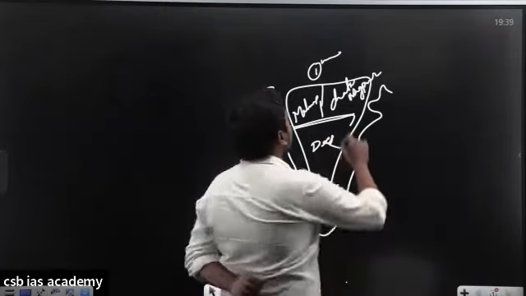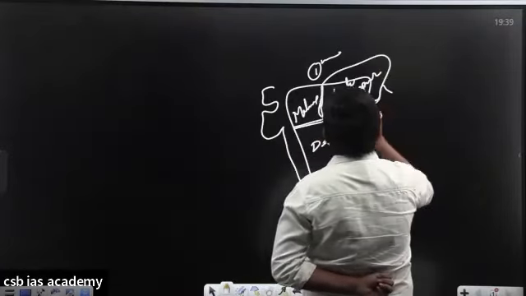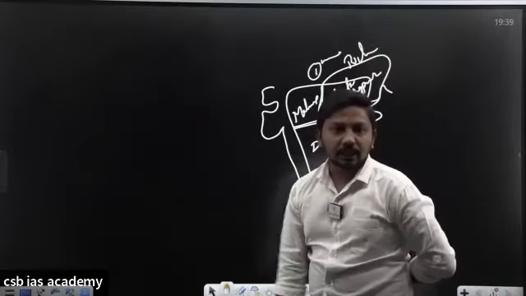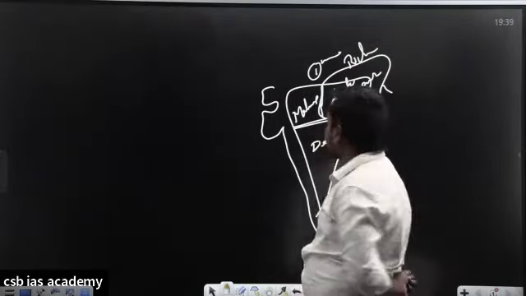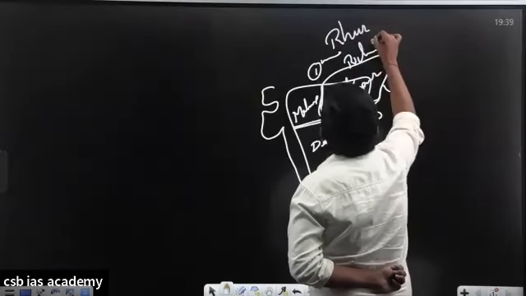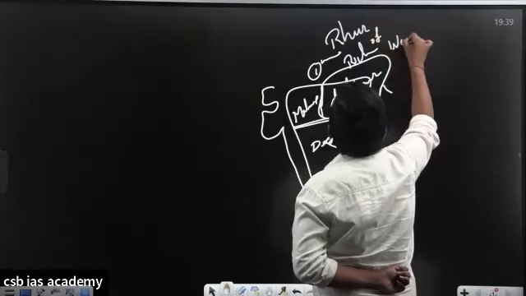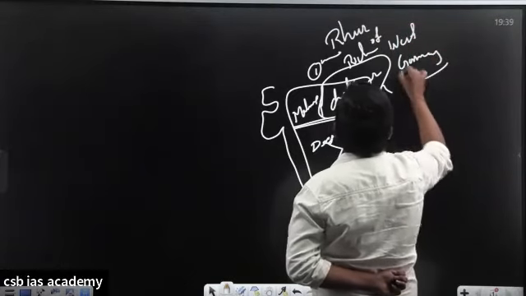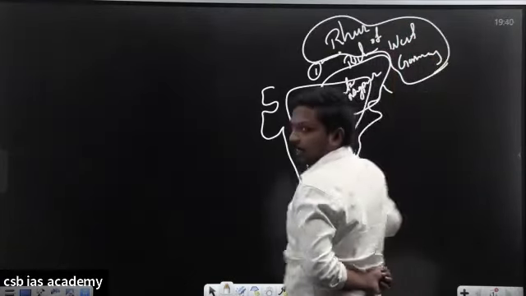You know one thing, the Chota Nagpur Plateau is rich in mineral resources. That is why it is often compared with the Ruhr of West Germany. What is the Ruhr of West Germany? Why do we have to compare it with the Ruhr region of West Germany?